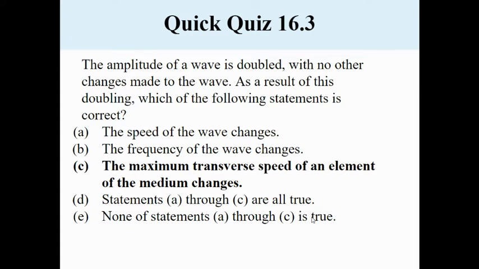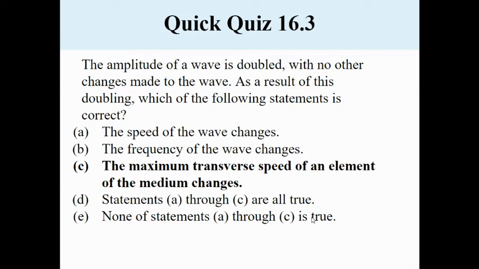Because if you recall what I said earlier, the elements of the medium, their movement, their position, their speeds, and their acceleration as they're shaken up and down by the wave can be described as simple harmonic motion.